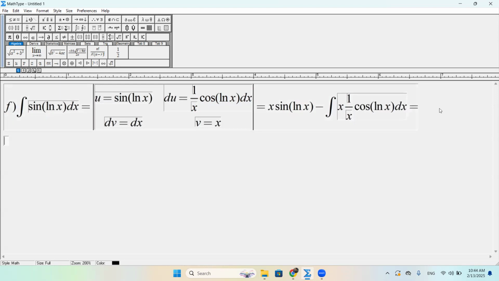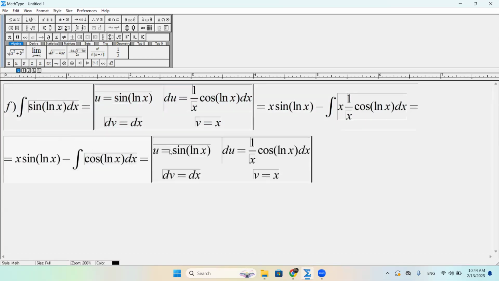Now let's simplify a little bit. We received this integral, and again we integrate by parts. Why do we take u as sine of logarithm x?